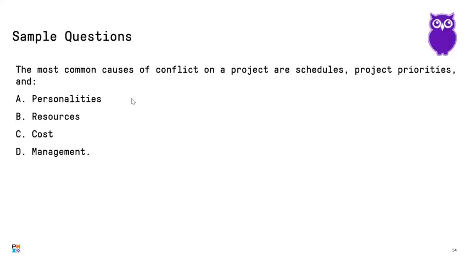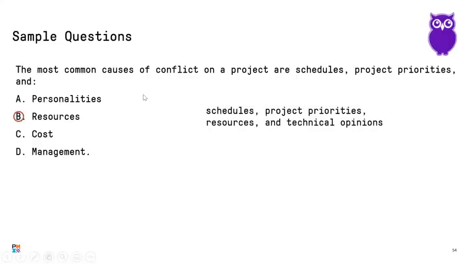So the question is, what are people really arguing about in a project? Sharing the result. Can you comment on that? Sure. Okay, resources is the correct answer. Yes, it is the majority. While working on a project, we are talking about which resources we are going to use.